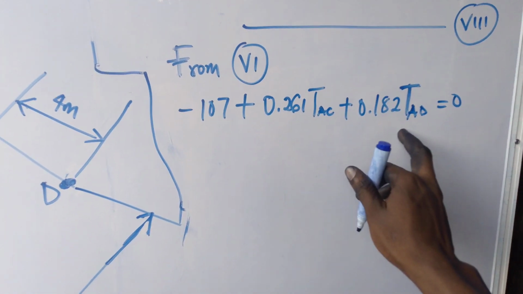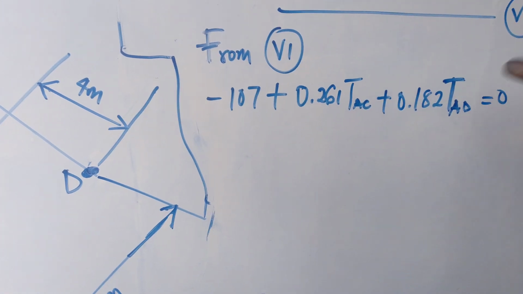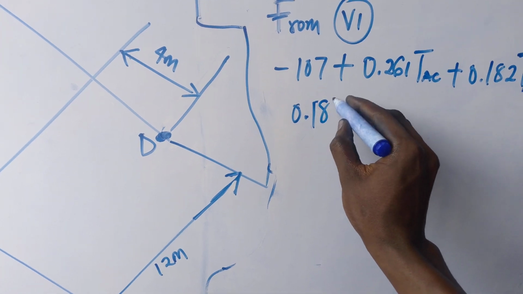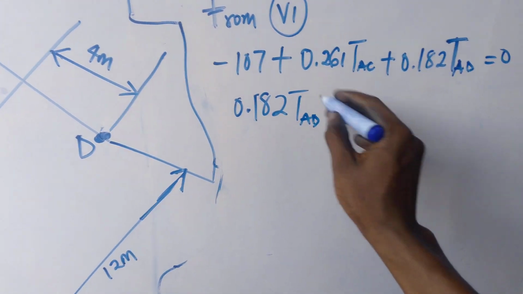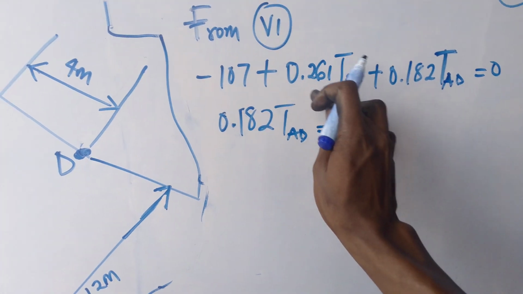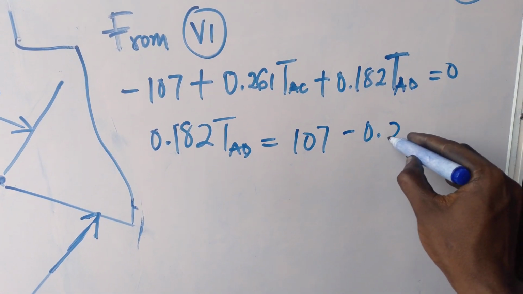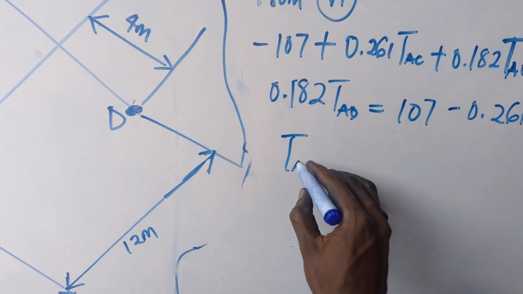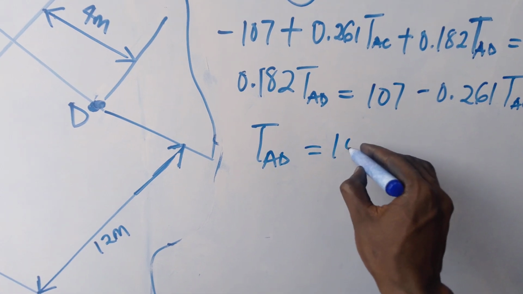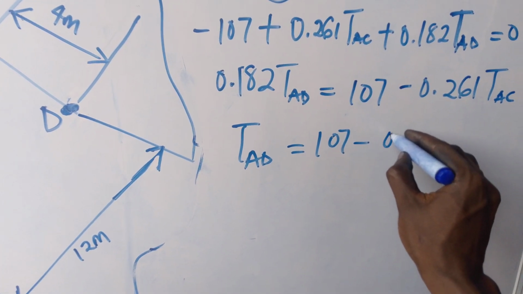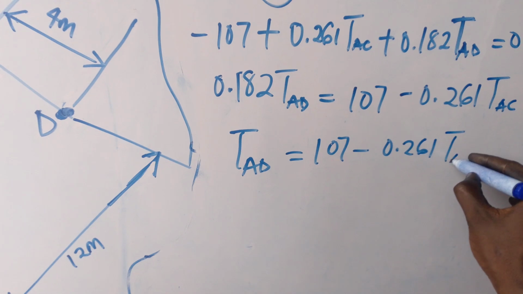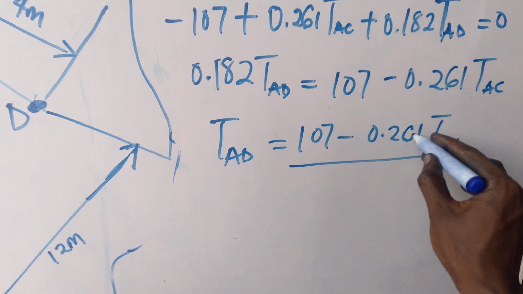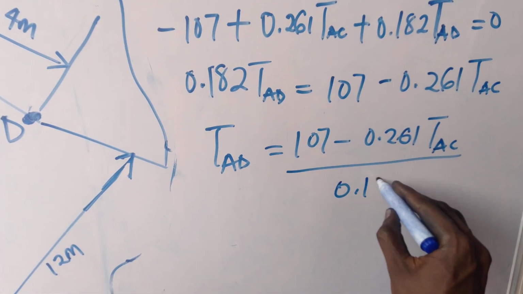So if I make TAD the subject of formula now, if I carry this one over here, I have 0.182 TAD equal to, take this over here, this is 107. Carry this one over to this place, will be minus 0.261 TAC. And divide by the coefficient of TAD, that is TAD will be equal to 107 minus 0.261 TAC divided by 0.182.